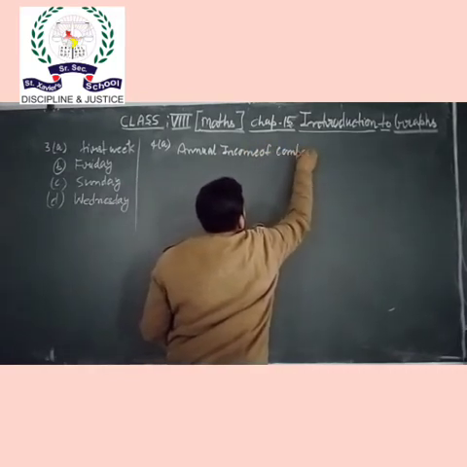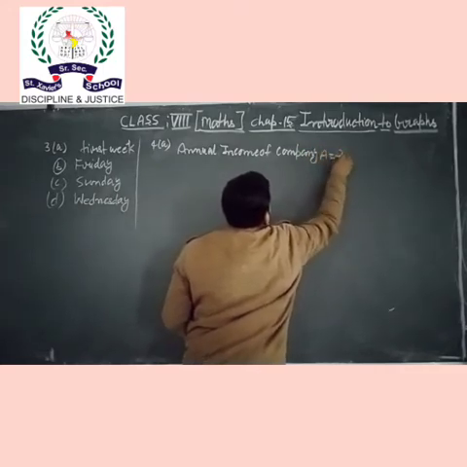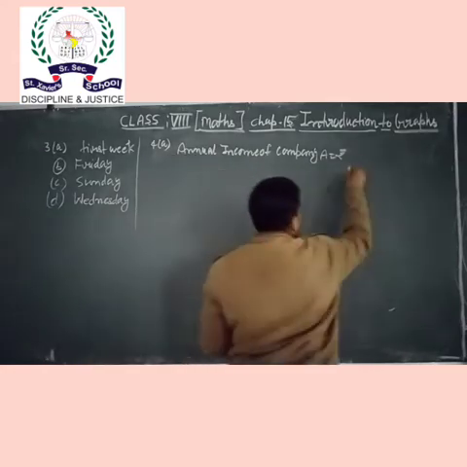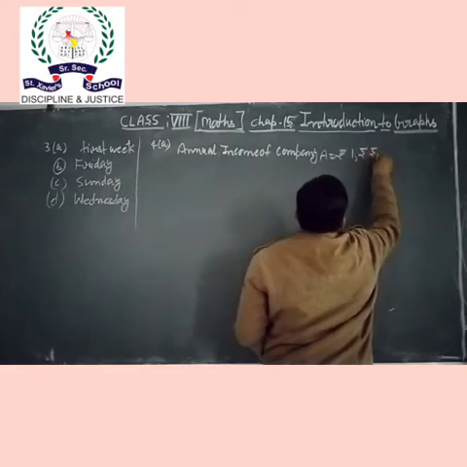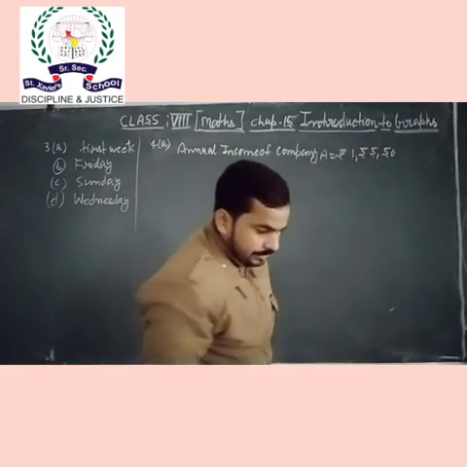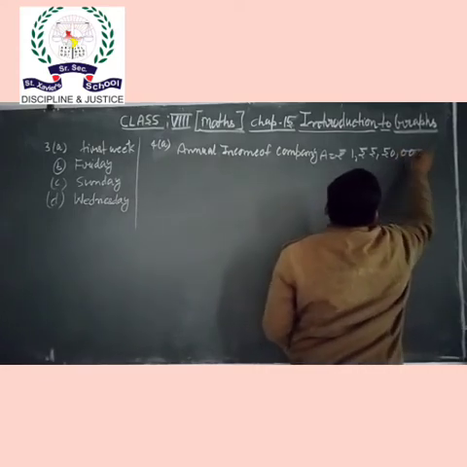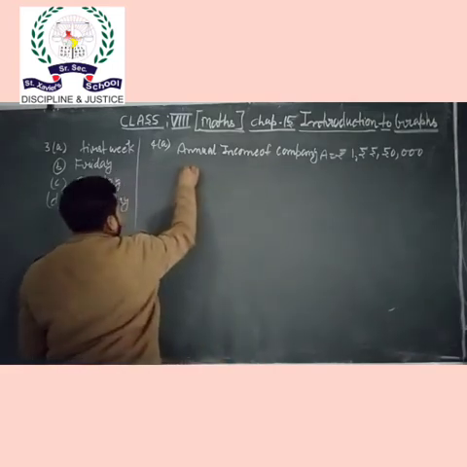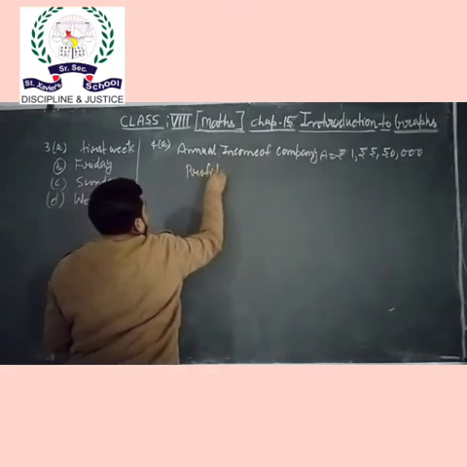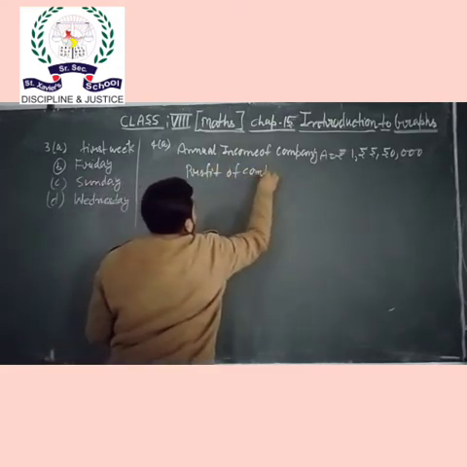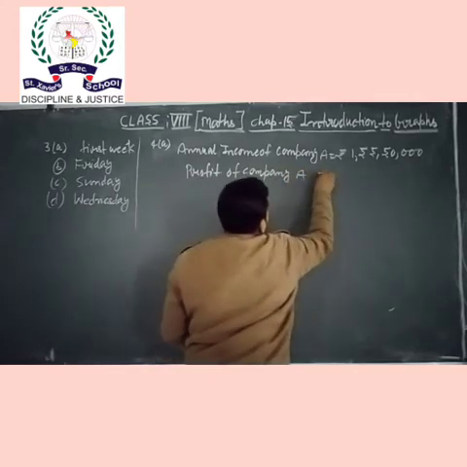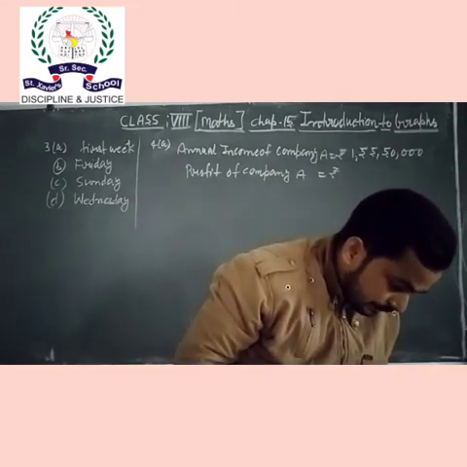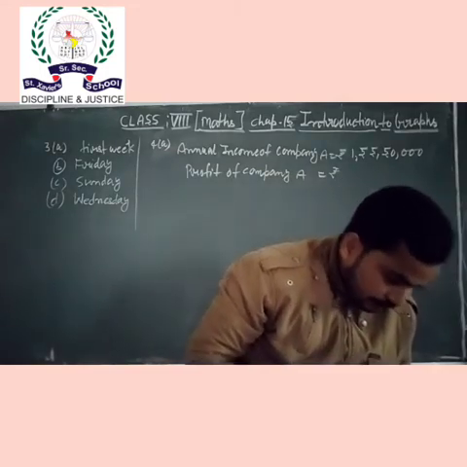The annual income of company A is equal to 1,55,50,000. This is the annual income of company A, and the profit of company A is, so look in the graph, profit of company A in 2016 is 60 lakh.